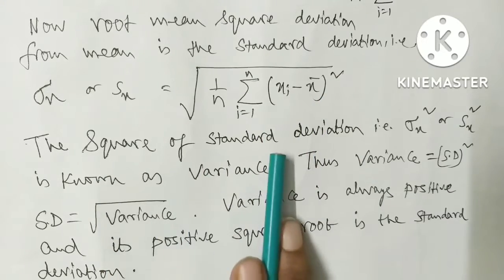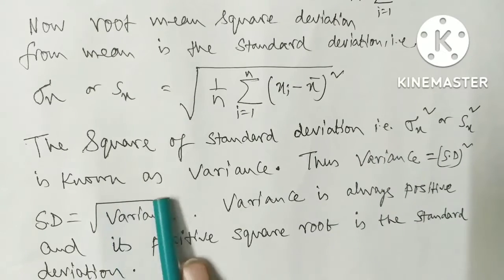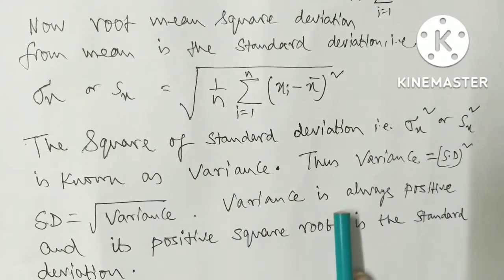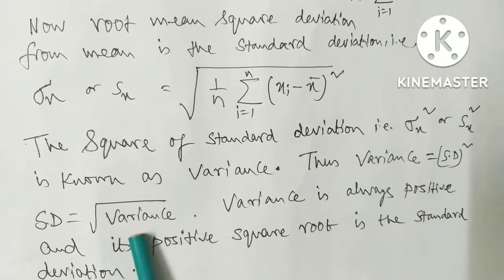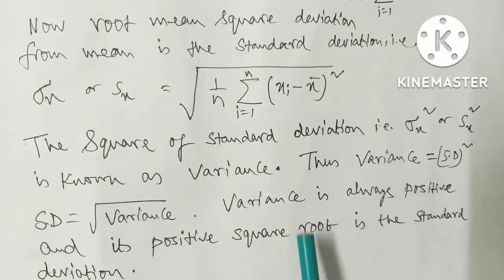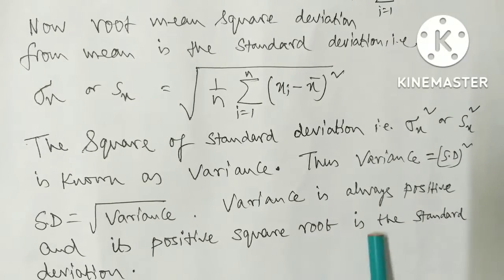The square of the standard deviation, sigma x square or s square, is known as variance. Thus variance equals SD square, or SD equals root over variance. Variance is always positive and its positive square root is the standard deviation.